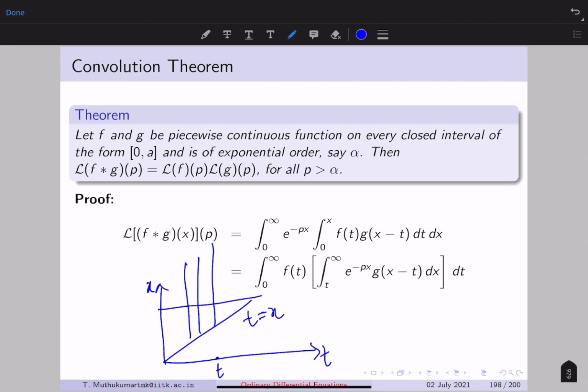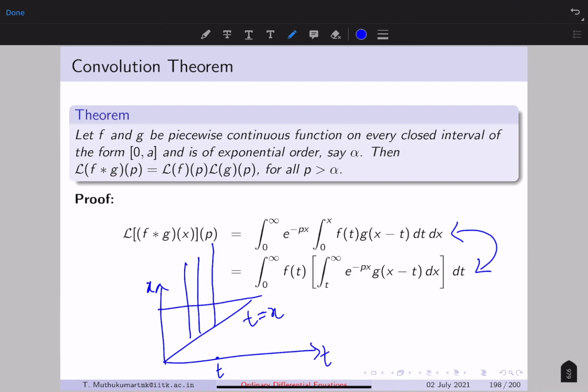Okay, so this integral and this integral are same because the region of integration is same. You have only changed the order of integration.